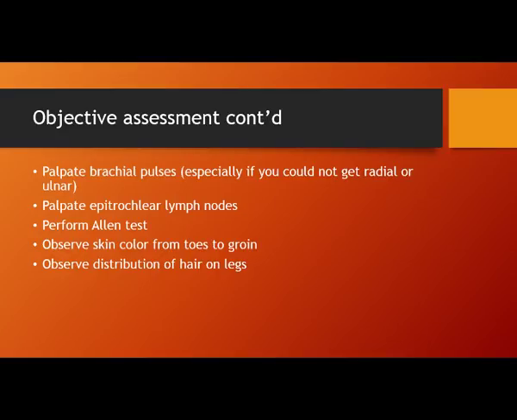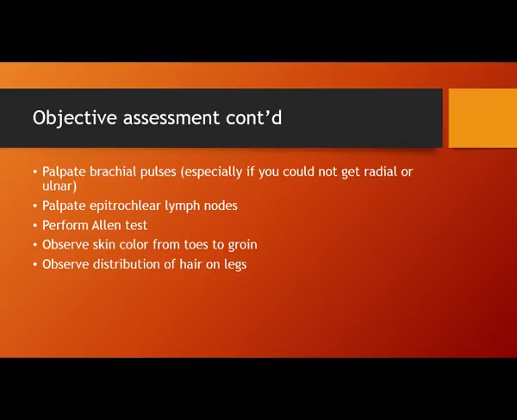And if you're actually pushing hard enough and occluding it, the hand is going to turn very white. It will be a pallor. So then if you're testing to see if the radial circulation is adequate, you would release the radial one and see if it pinks up.